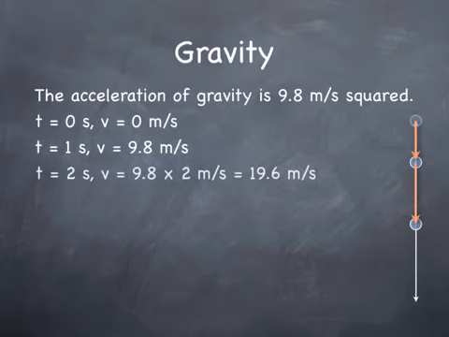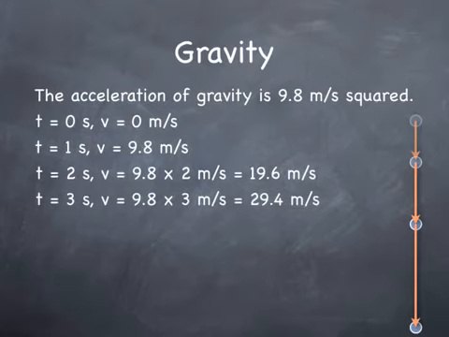At time 2, after another second, we are going an additional 9.8 meters per second down, for a total of 19.6 meters per second down. And at time 3, we add yet again another 9.8 meters per second, so our total velocity is now 29.4 meters per second. This is why, when you drop things, they start falling faster and faster and faster.